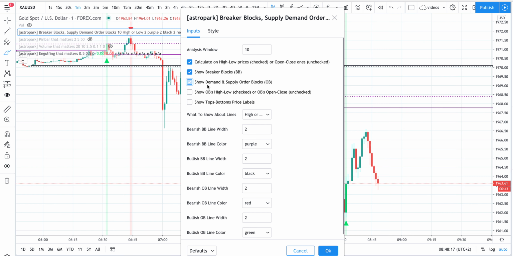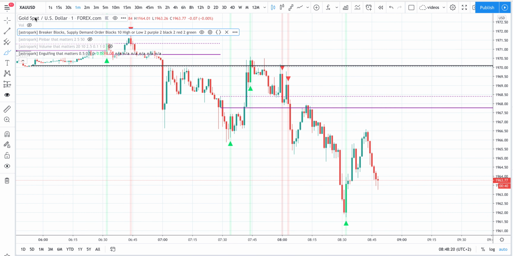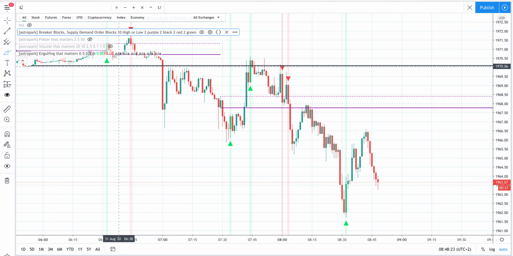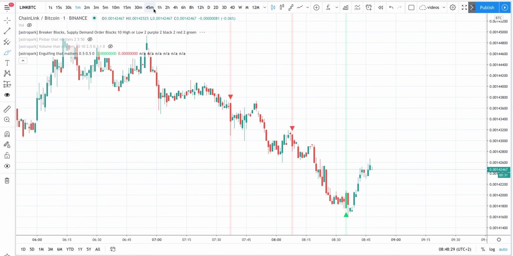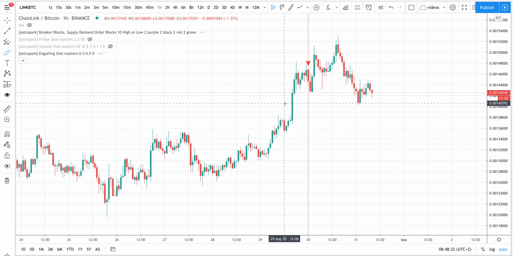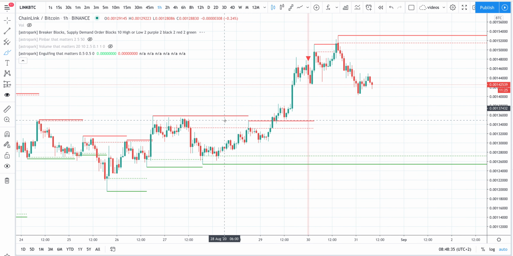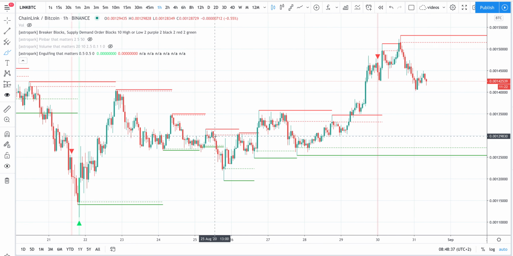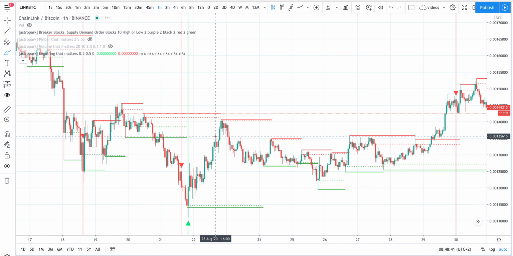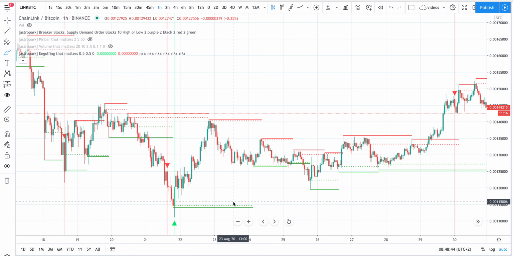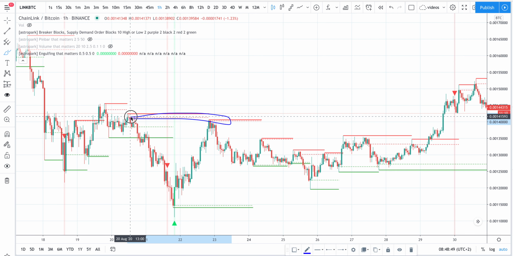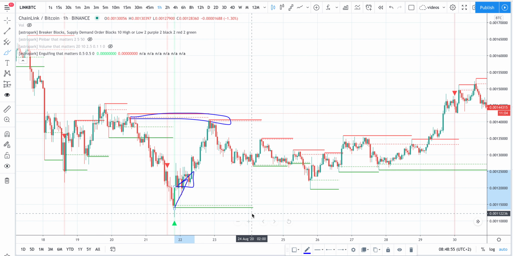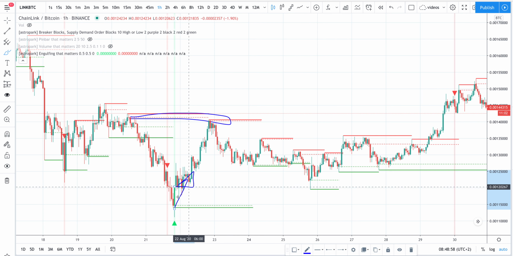We can turn back to the demand and supply order blocks. Let's go and trade. If you like cryptocurrencies, this is Chainlink. Of course, not on 1 minute, please, guys. Don't trade crypto on 1 minute. For example, let's see some history. Here, the supply was respected, a perfect reaction on this zone.